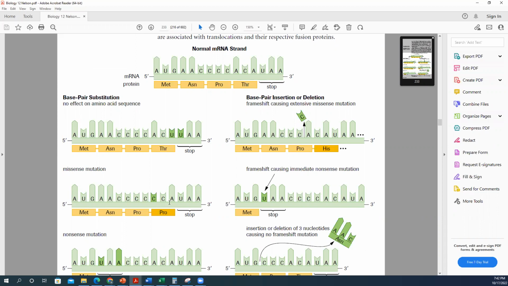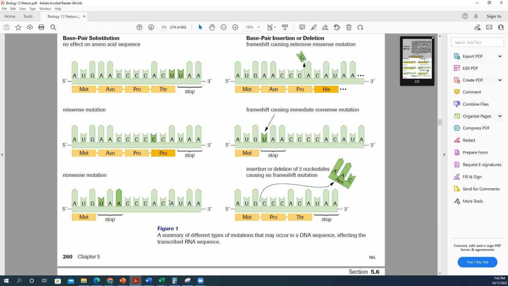The other type of point mutation that you could have is a nonsense mutation, where you have a change in the nucleotide that changes the codon in a way where it changes an amino acid into a stop codon.